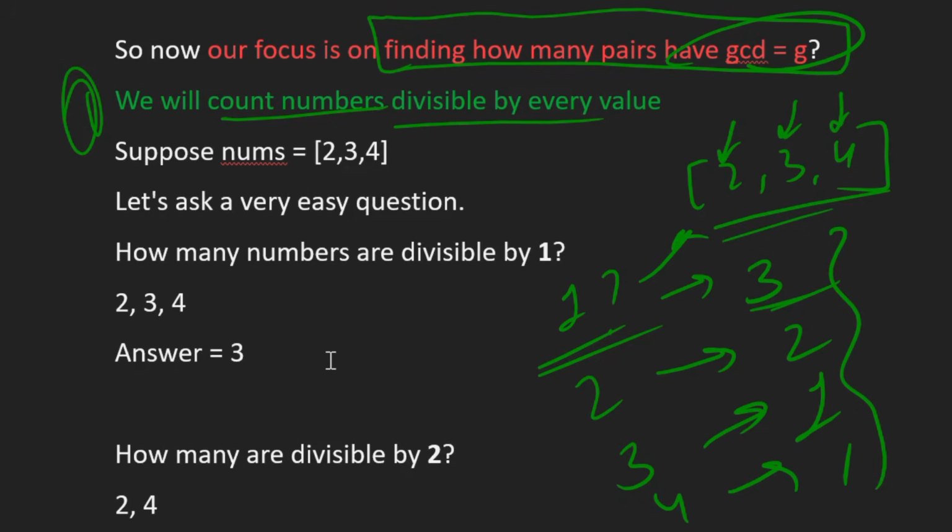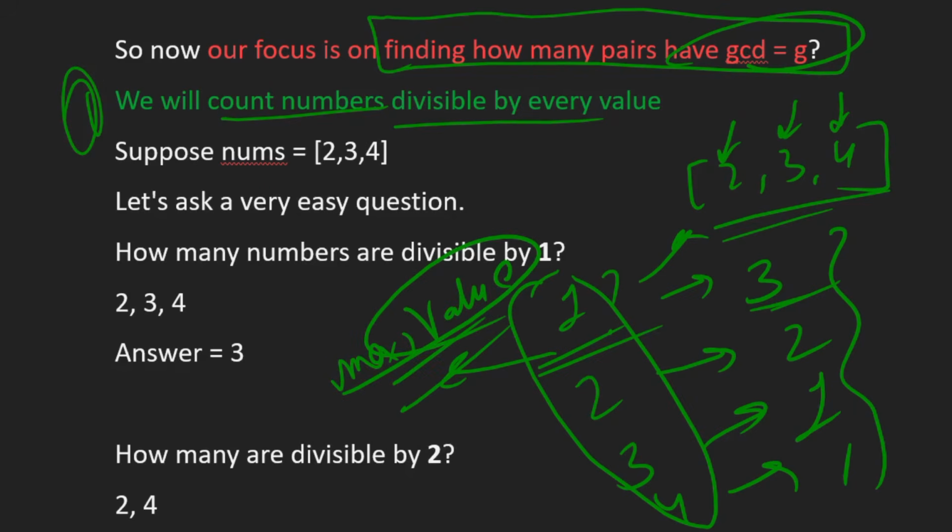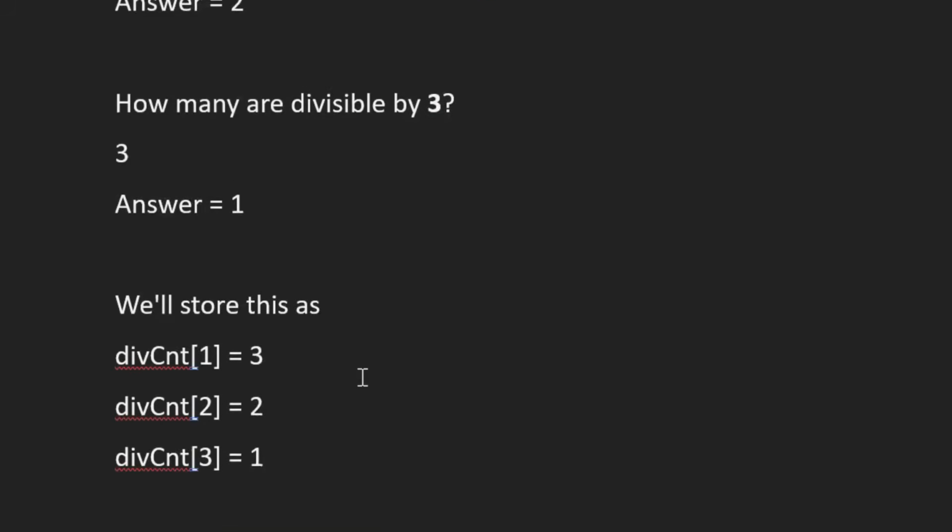This way we'll count the numbers divisible by every value, going up to the maximum value present in the array.